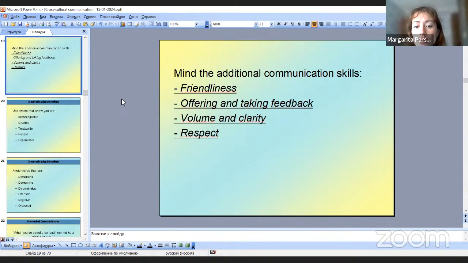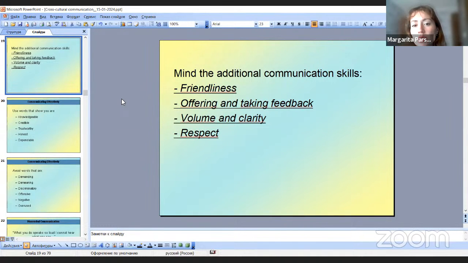Friendliness. Of course, it can be a different term for collaboration, an emotional way of expressing your thoughts.